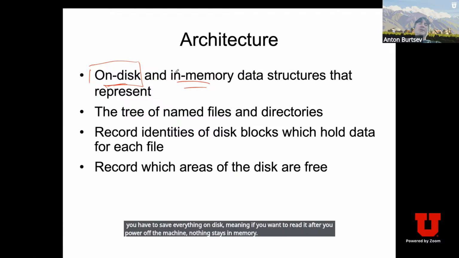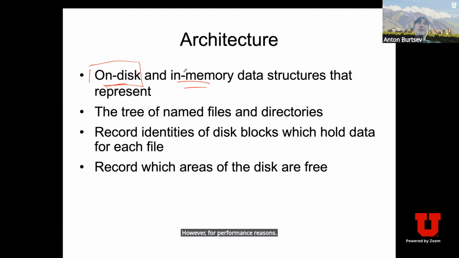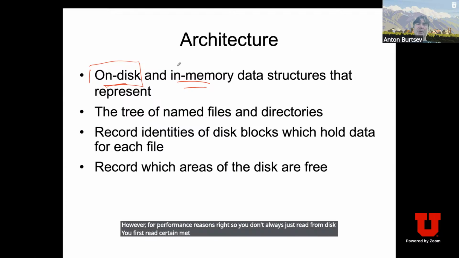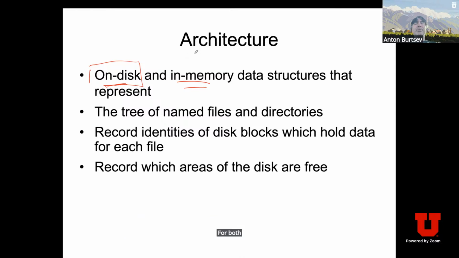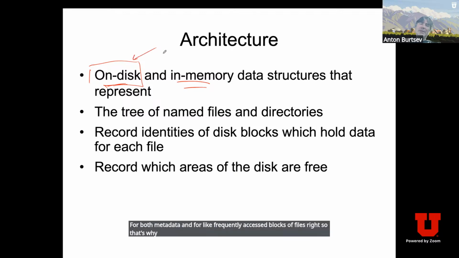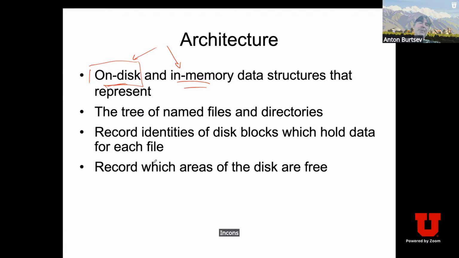However, for performance reasons, you don't always just read from disk. You first read certain metadata into memory, and you optimize so that you don't have to go to disk on every access to the file system, for both metadata and frequently accessed blocks of files, right? So that's why the file system exists in two places, on disk and in memory, and you have to make sure that they are in sync and never inconsistent, right?